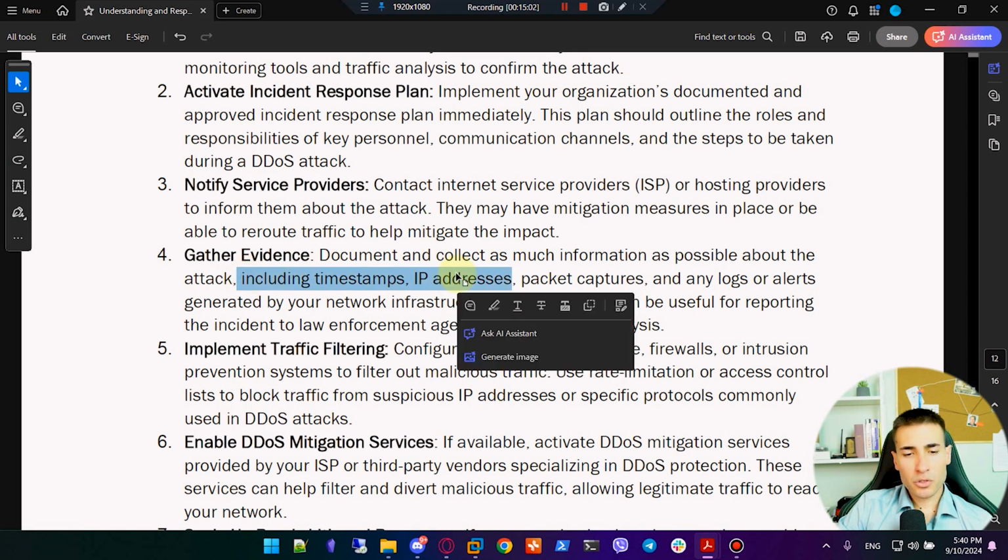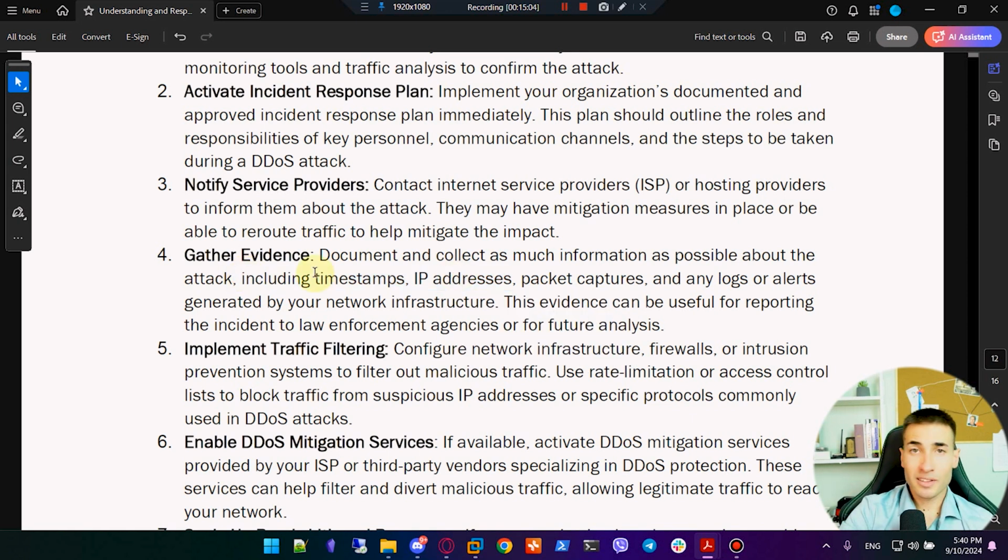Again, gather evidence. This is extremely important because due to the downtime of your services, there could be financial losses for your clients, depending on what your industry is, or the service that you're providing. So there could be a lawsuit against you. It's not out of the picture, right? So you need to have all the data, all the evidence from this incident.